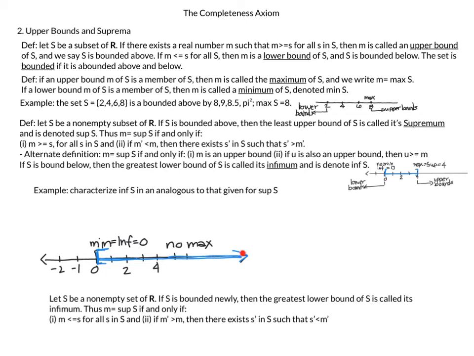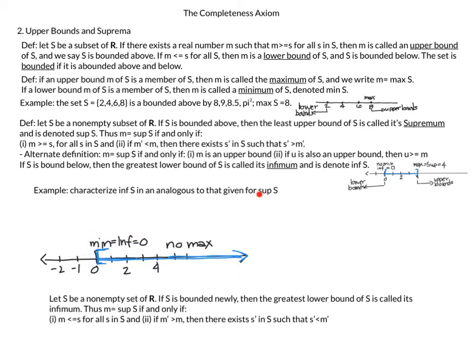There's no maximum, there's no upper bound, there's no supremum. Here, there's an infinite number of lower bounds. Anything less than 0 is a lower bound, and actually 0 is a lower bound, and 0 is the largest lower bound, so that makes it the infimum. And since 0 is also in the set, it is also the minimum.